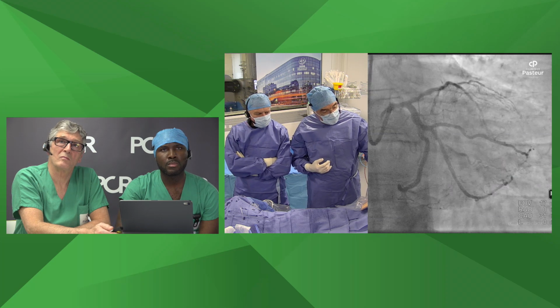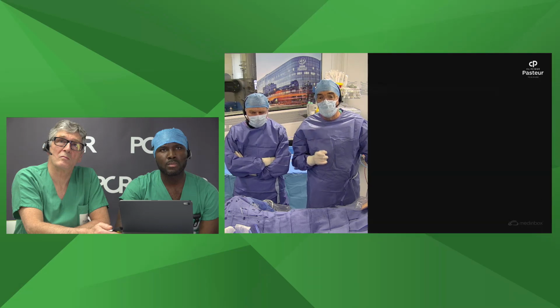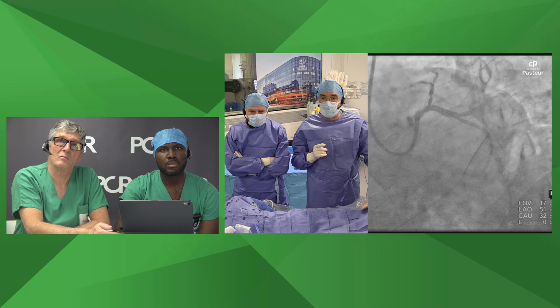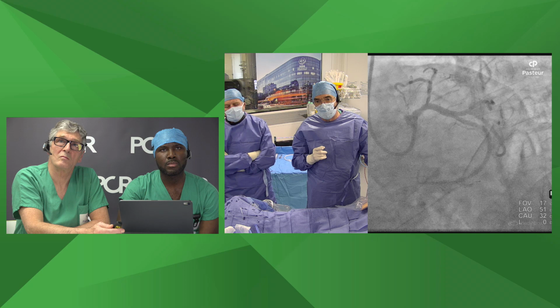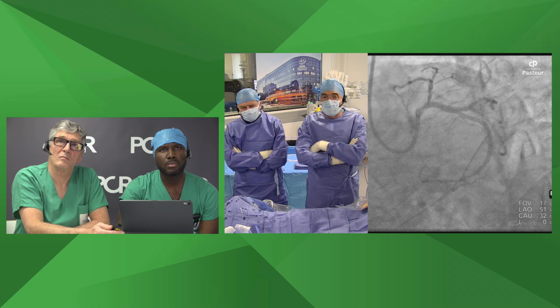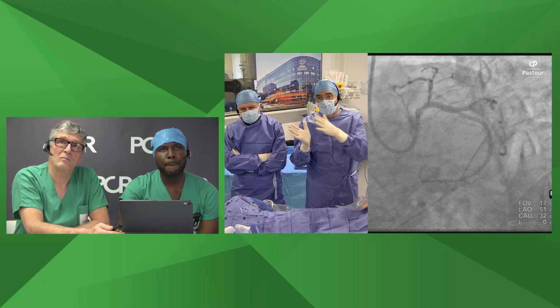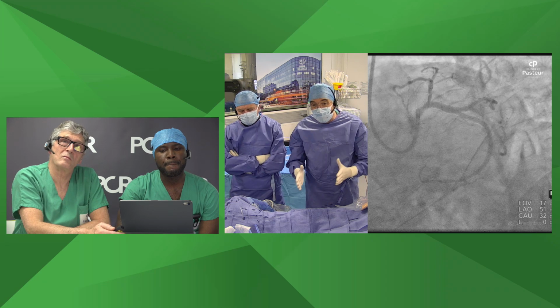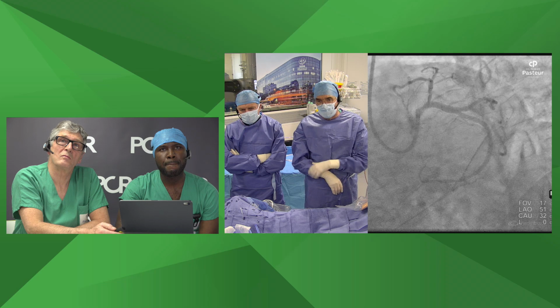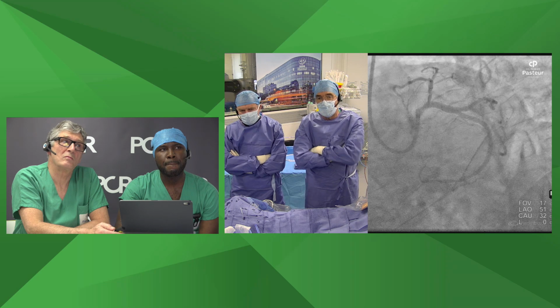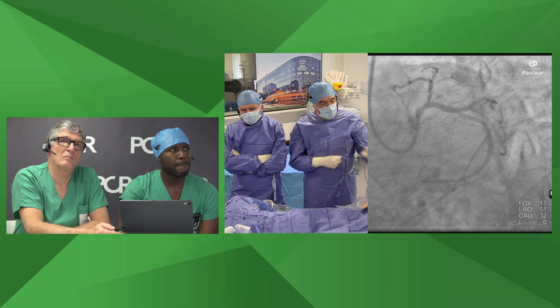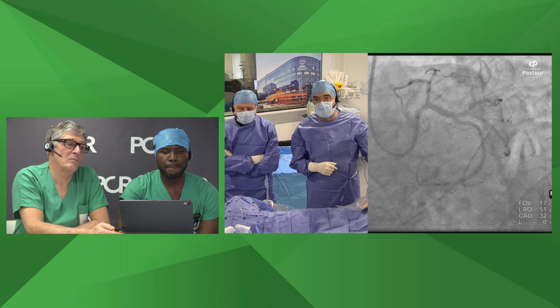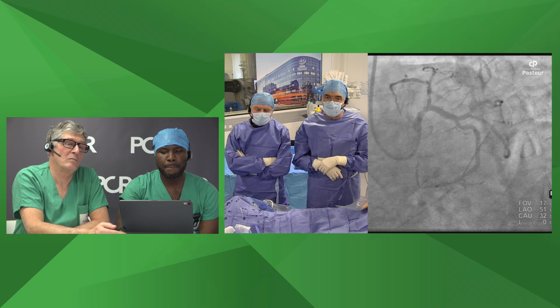And this is interesting to see, first this view, and second, here the spider view, to see the difference in diameter between the two vessels, the circumflex, which is a large dominant artery, and the LAD, which is diffusely diseased, with some calcification in the proximal segment, and this significant lesion on the proximal segment.